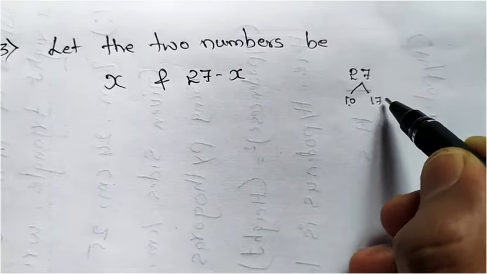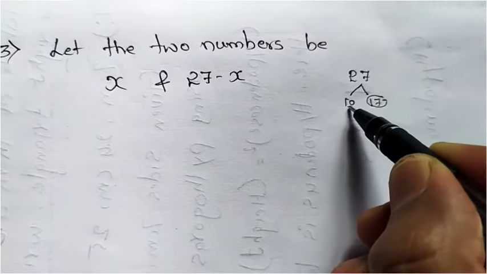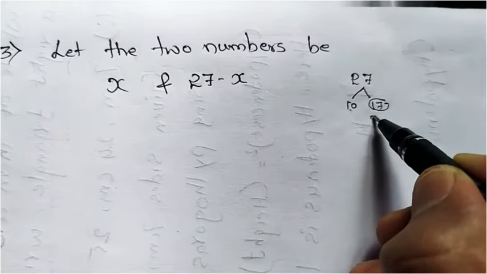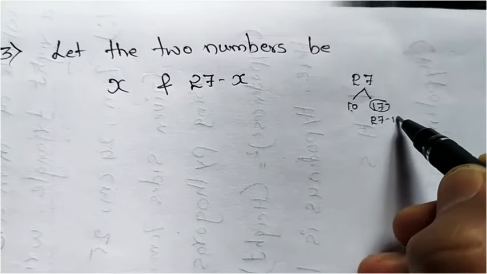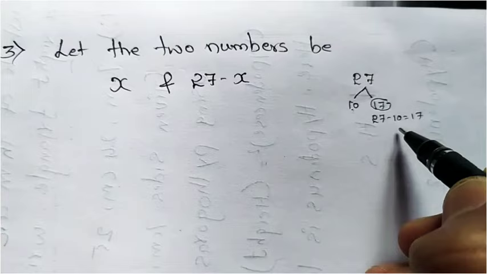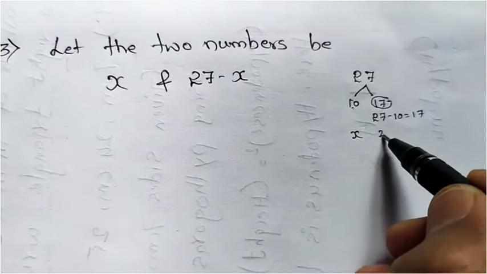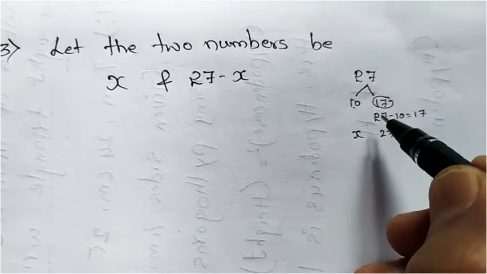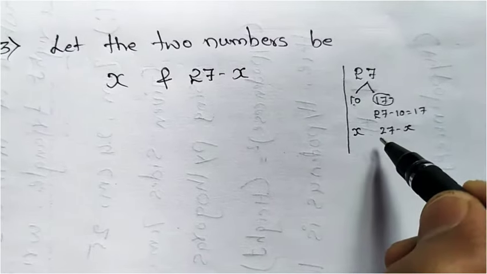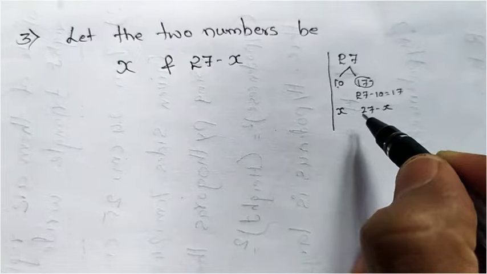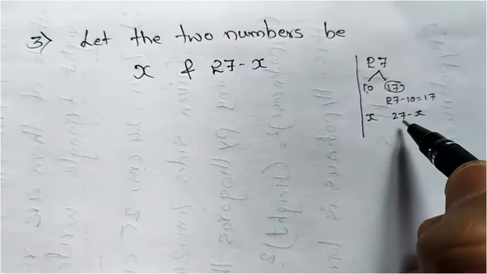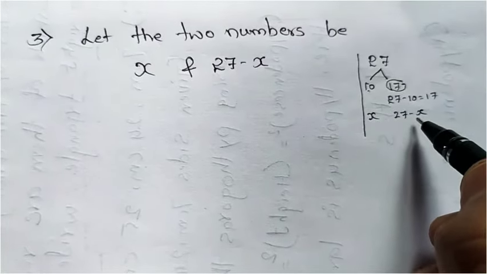The remaining will be 17. How did you get this 17? We subtracted 10 from 27, that is 27 minus 10, then only we got 17. Similarly, if I take one number as x, then the other number will be 27 minus x. Okay, this is rough, just for your understanding I wrote here.